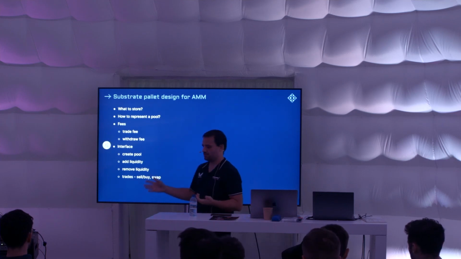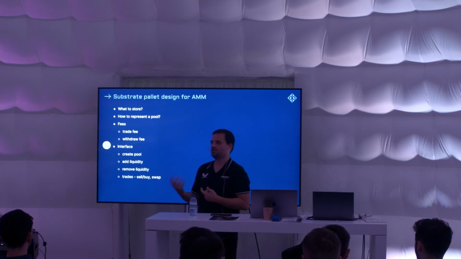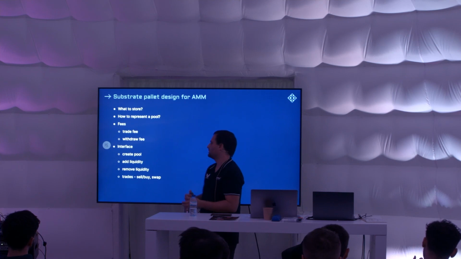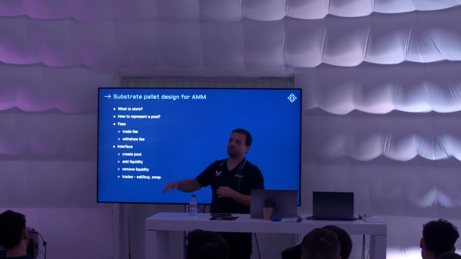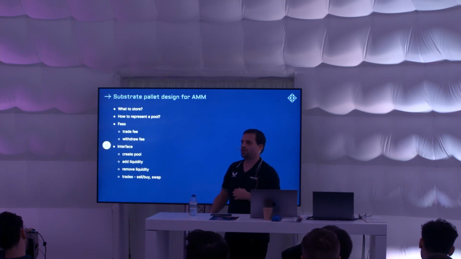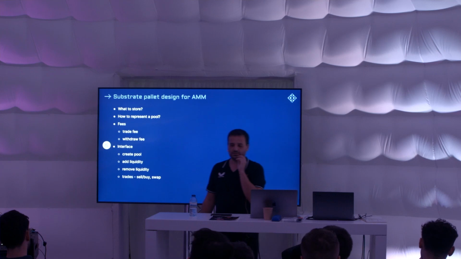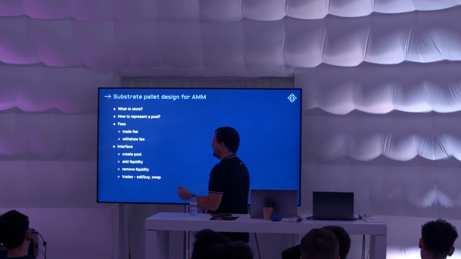And for the trades, we need to know the pairs: I want asset B for asset A, how much? Maybe some limits to control the slippage. But if you think about it, in XYK, and then you want to implement stable swap, you will find out that the interface will be the same, or very similar. So you can take one approach and apply it to implementing another one.